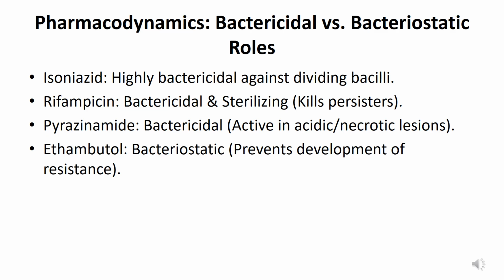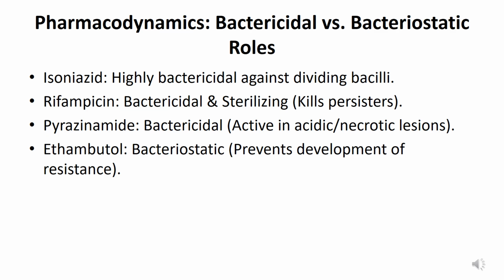Next is Rifampicin. Rifampicin is not only bactericidal but also possesses powerful sterilizing activity. This distinction is extremely important. Many tuberculosis bacteria are actively growing, but some enter a persistent or semi-dormant state.